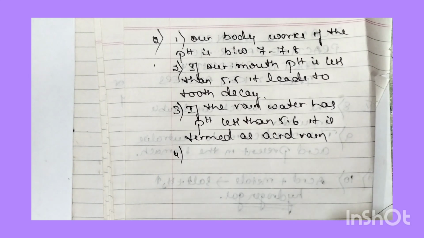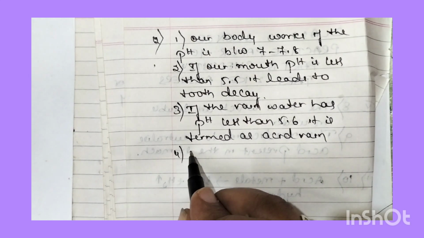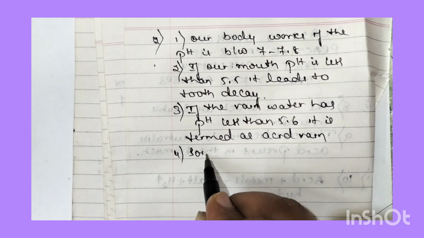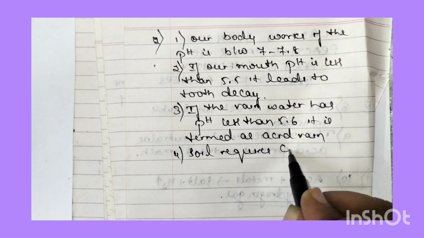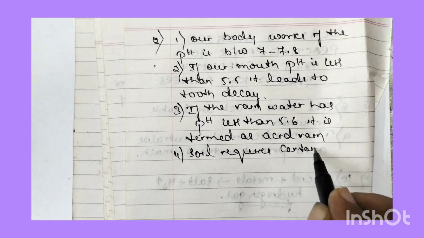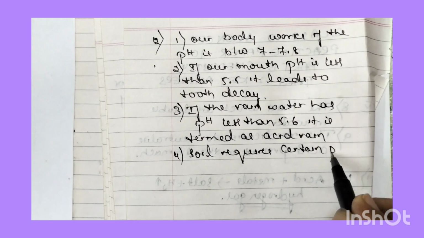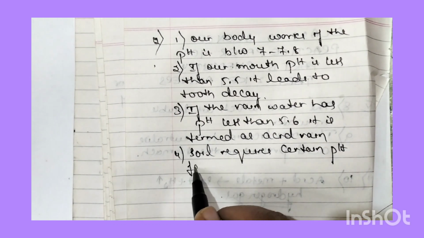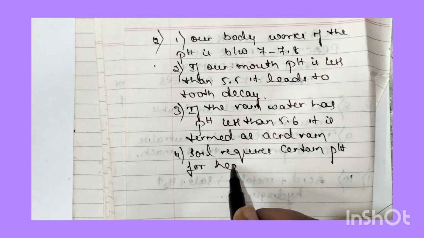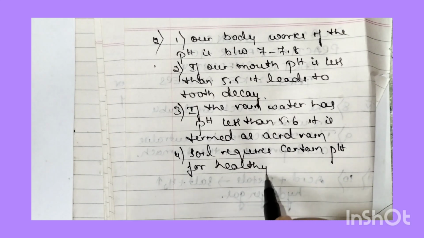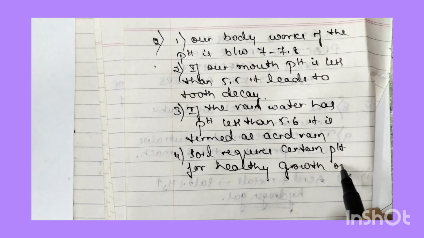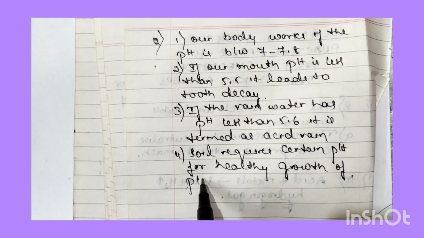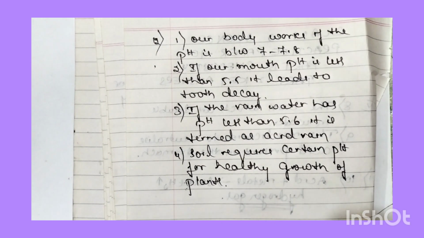Then the fourth one is soil requires certain pH for healthy growth of plants.